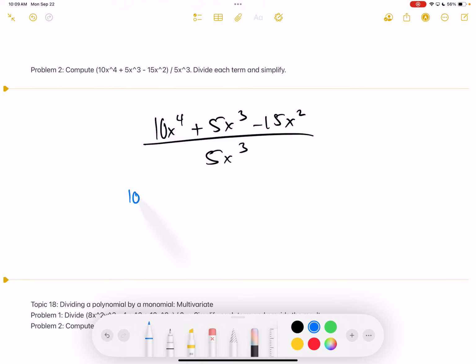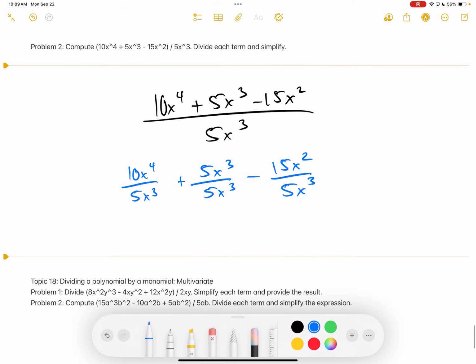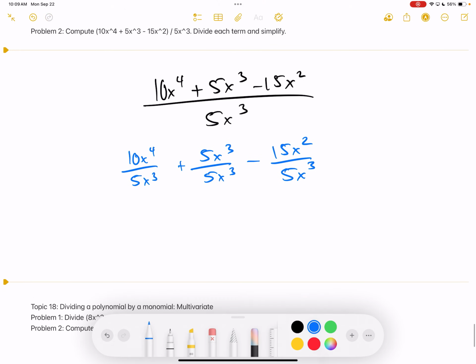Same thing on this one. I'm going to divide everything on the top by 5x cubed. Oh, that's 5x cubed. Okay. So just write it out as like 3 separate terms, 3 separate problems right here, and then go through each one.